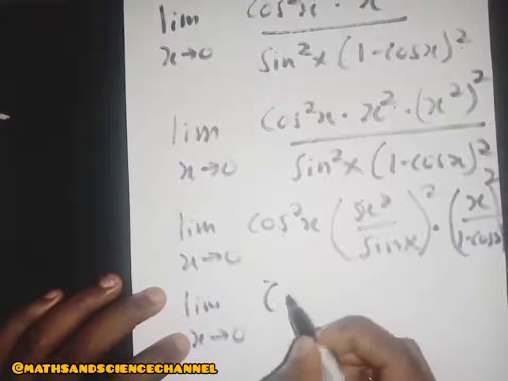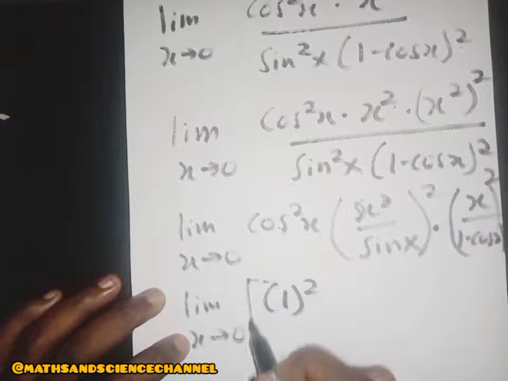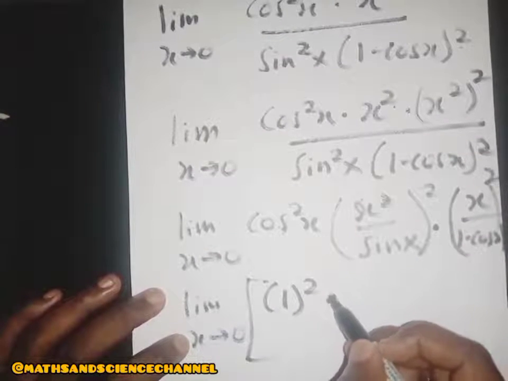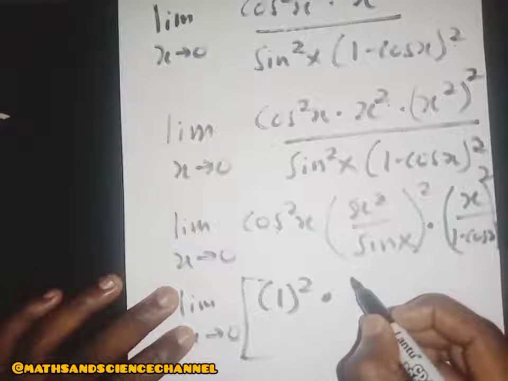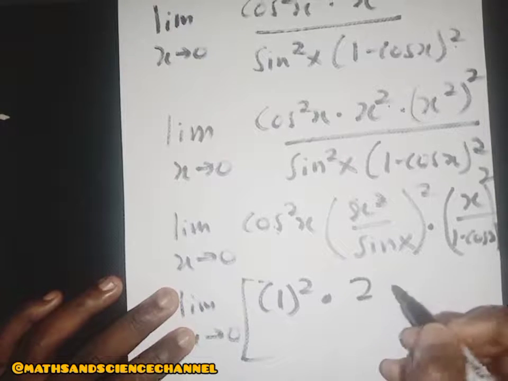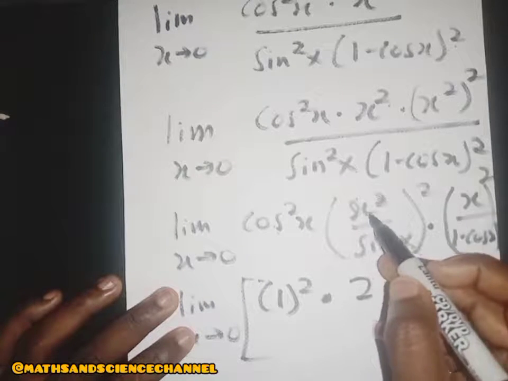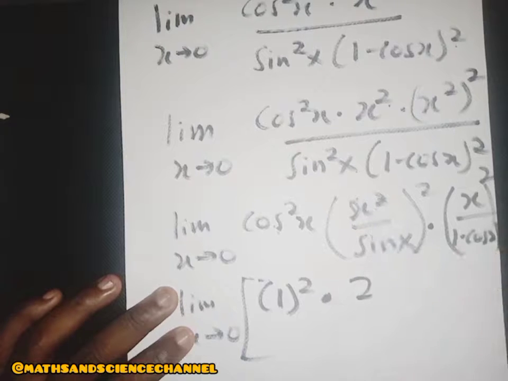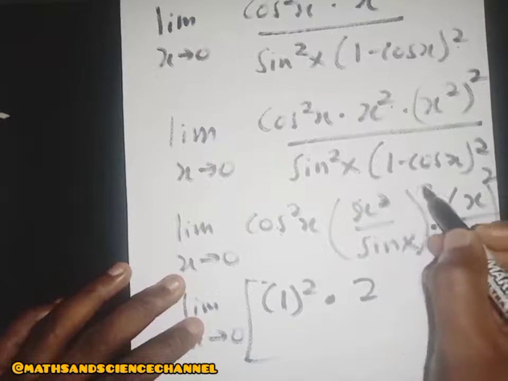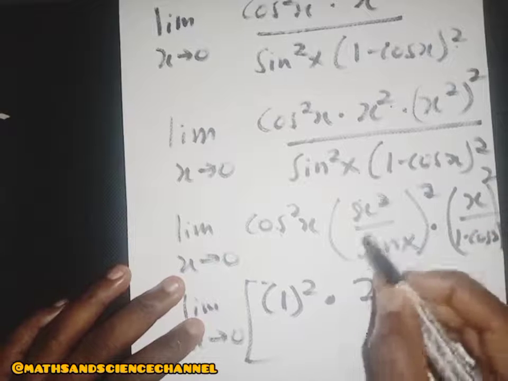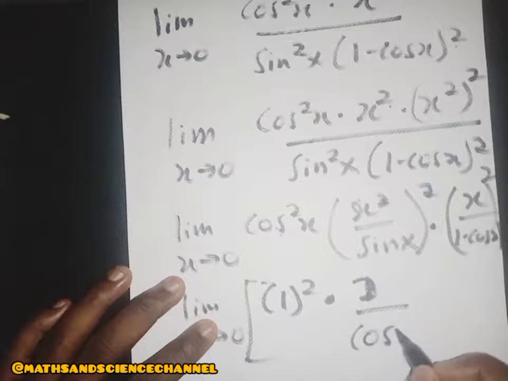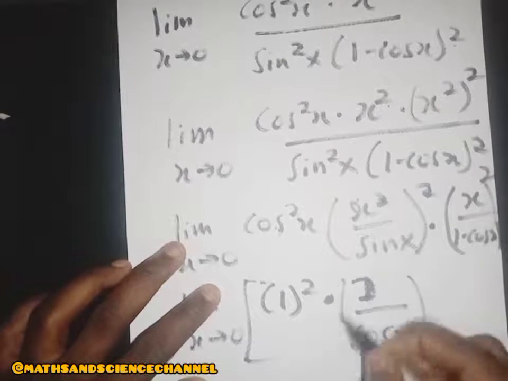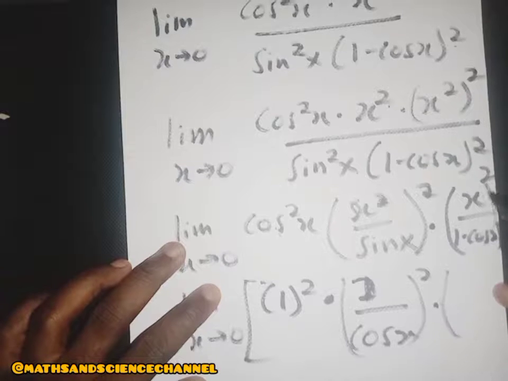Now over here when I differentiate x squared, I'll get just 2x, and I differentiate it again. Sorry, the square is out here. So when I differentiate x, I get 1, and when I differentiate sine, I get cos x. So all of this is to the power squared.